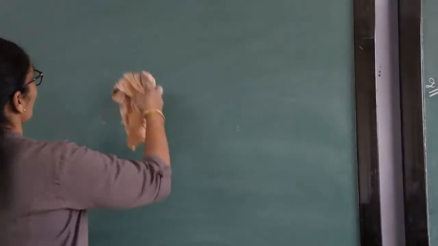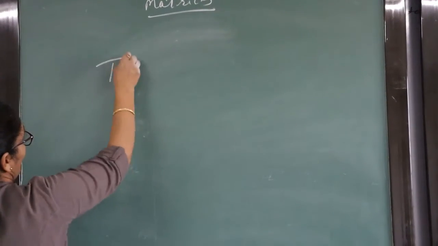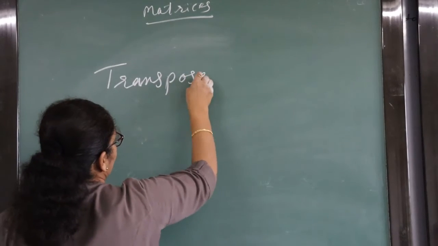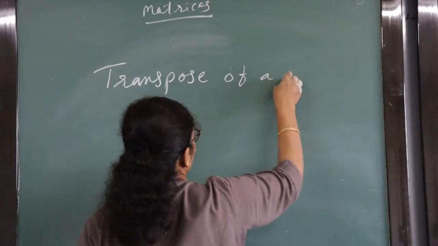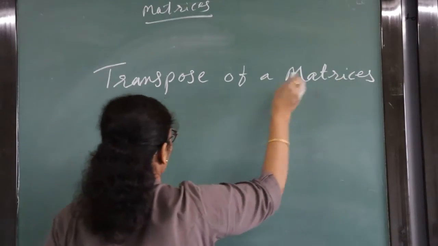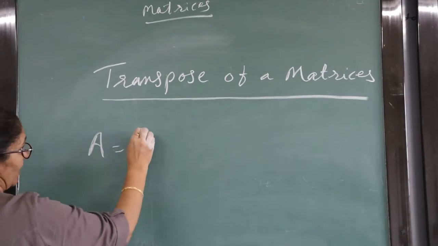Now we will start a new topic, and the new topic is the transpose of a matrix. Now what is the transpose? Let's start with 2 by 2.